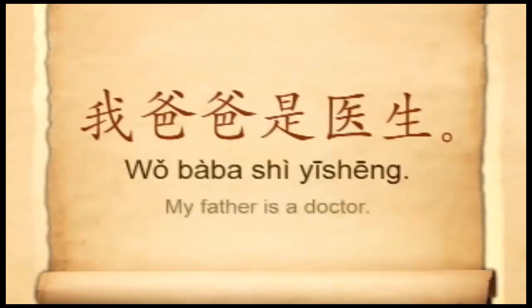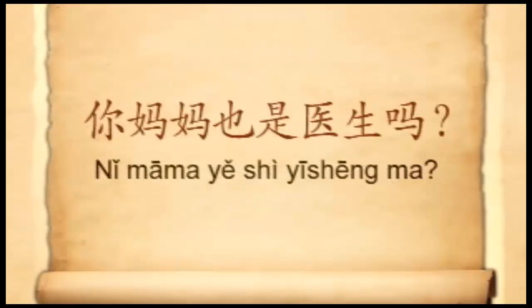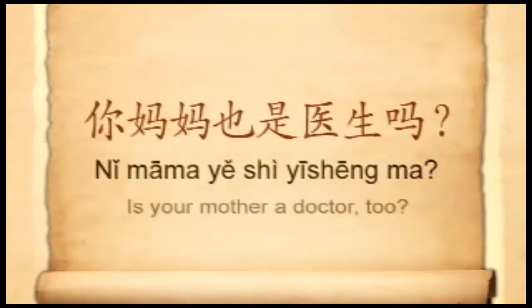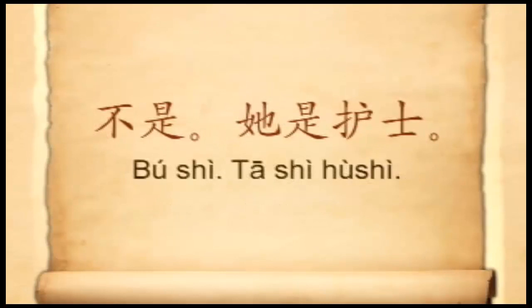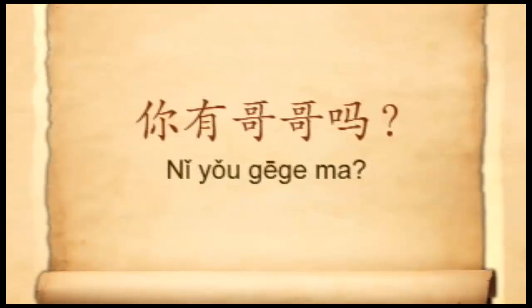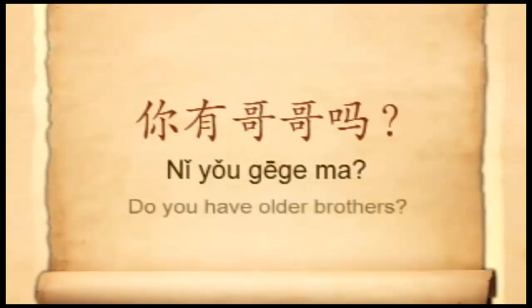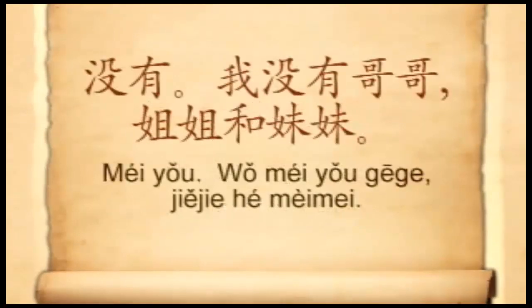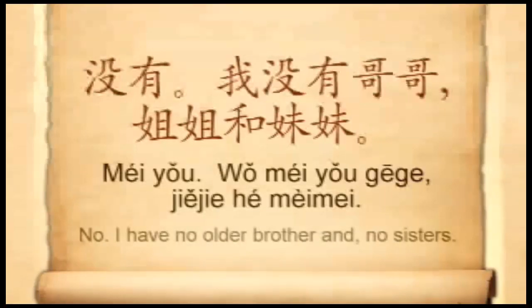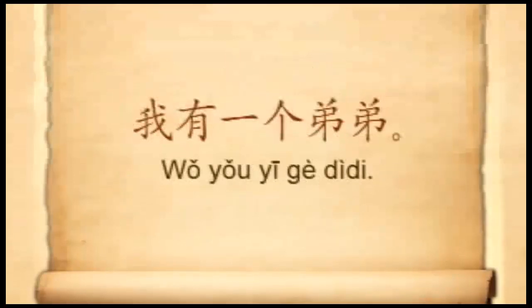My father is a doctor. 你妈妈也是医生吗？Is your mother a doctor too? 不是，她是护士。No, she is a nurse. 你有哥哥吗？Do you have older brothers? 没有，我没有哥哥、姐姐和妹妹。No, I have no older brother and no sisters. And 我有一个弟弟。I have a younger brother.